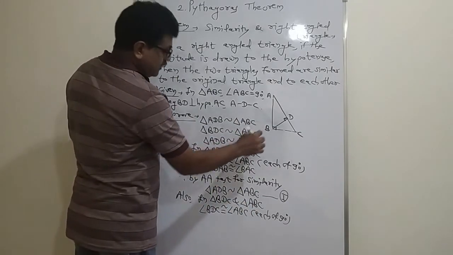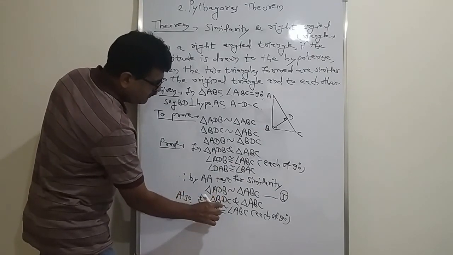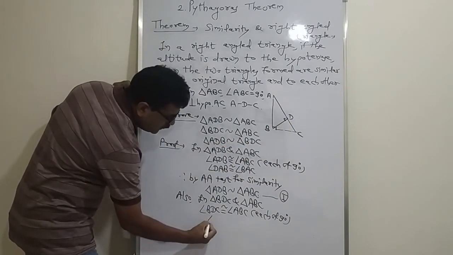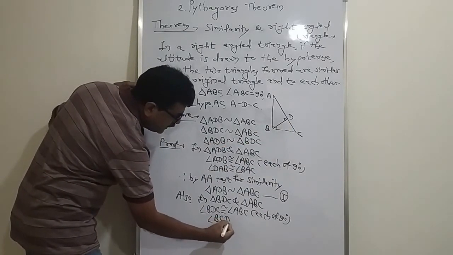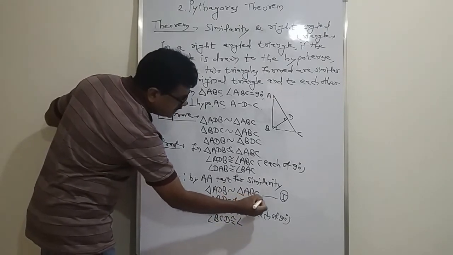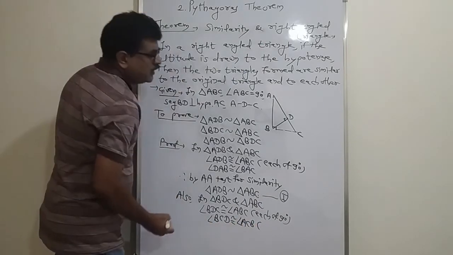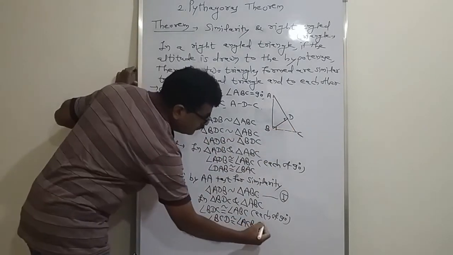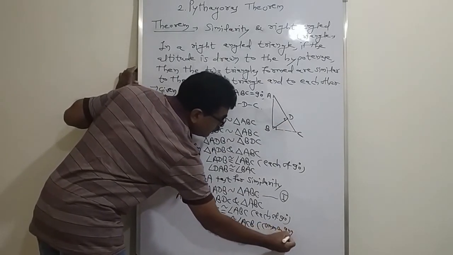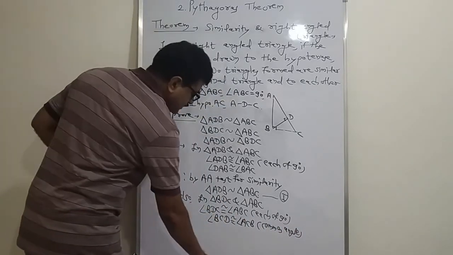And angle, which angle is common? C. We write this as angle BCD congruent to angle ACB. Write down common angle. Therefore these two angles are congruent.